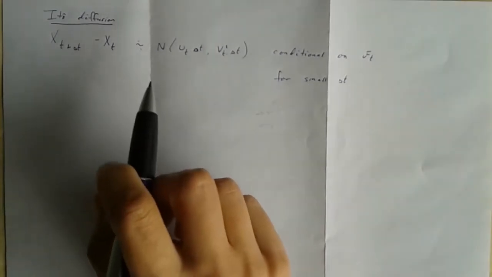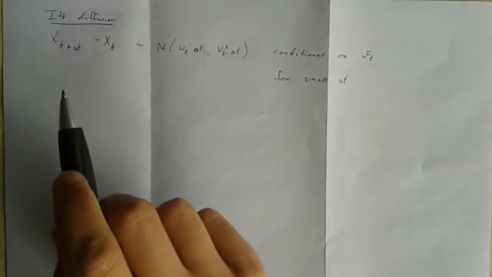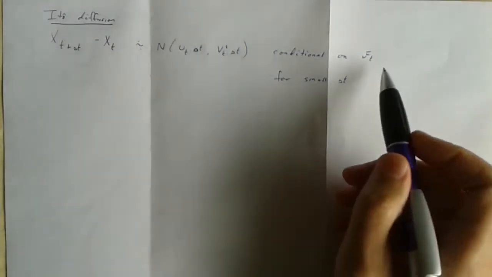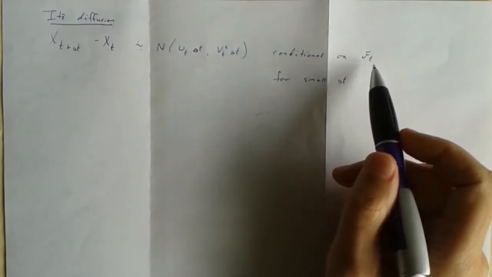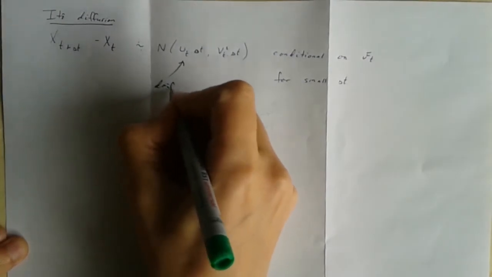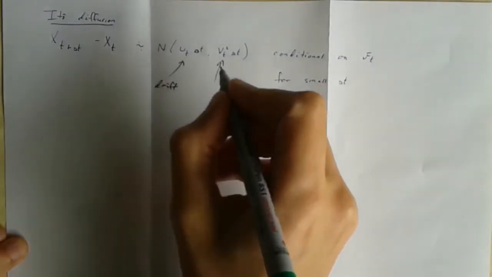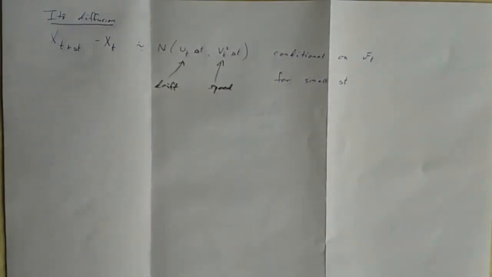That is, it's an approximation that should be good if delta t is small, conditional on having known already everything that happened up to time t. The ut here is called the drift, and the vt the speed. Those are things that determine the local mean and variance of those increments.